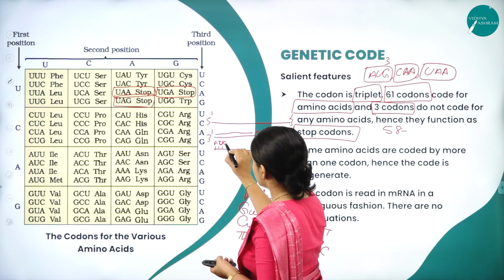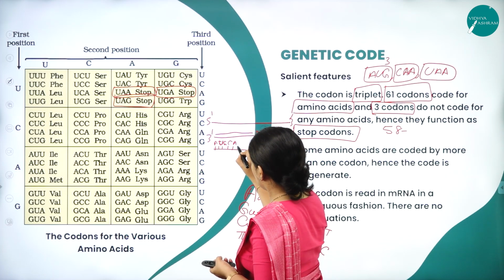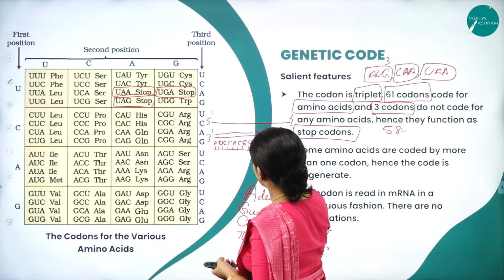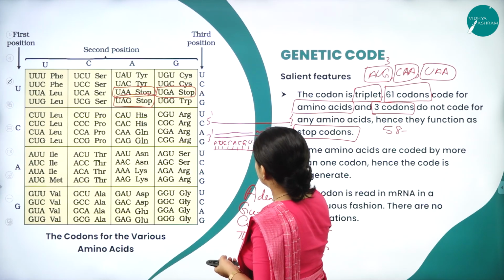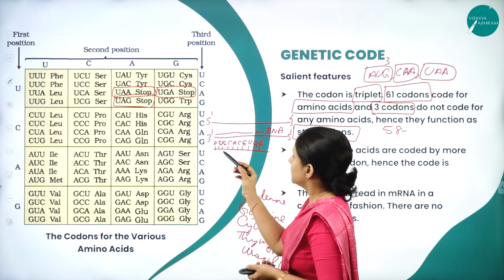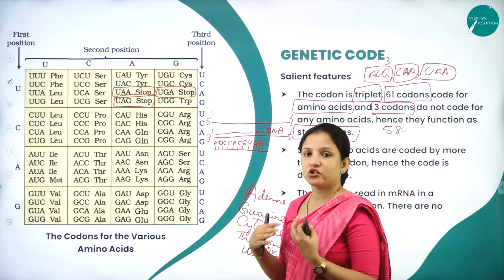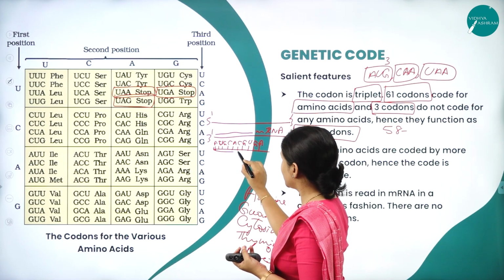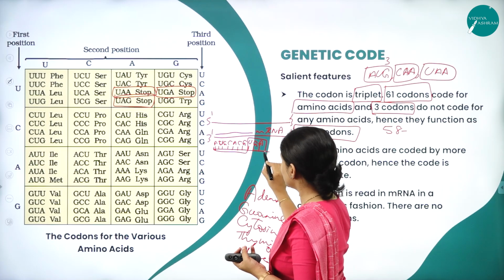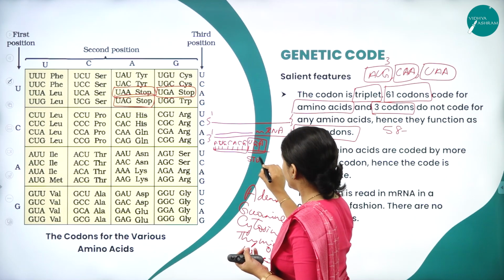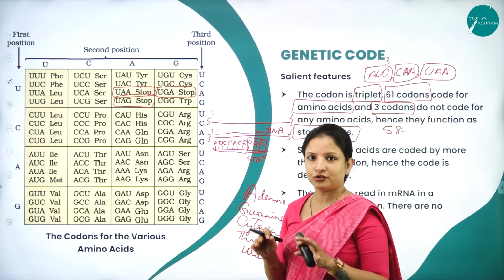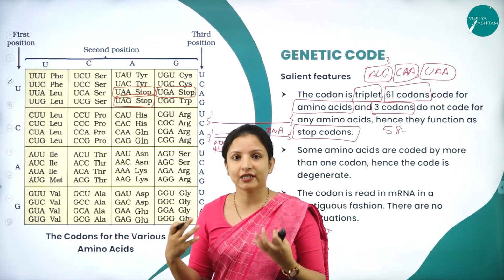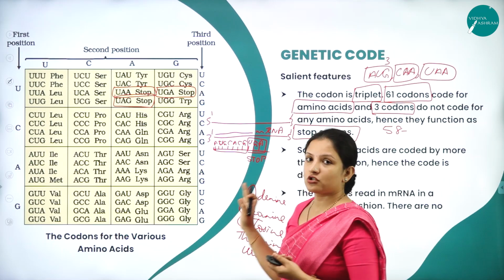A, U, G, C, A, C, G, U, G, A. So, maybe from here the formation of the amino acids will start. It will go on forming amino acids up till here. Here it will stop. Why will it stop here? Because a stop codon is there. Understood? So, till there the chains of amino acids will get formed. This is the function of the stop codon.